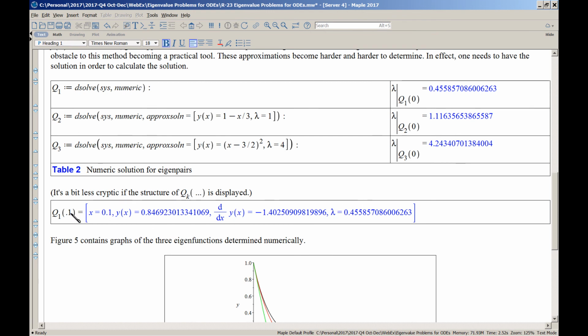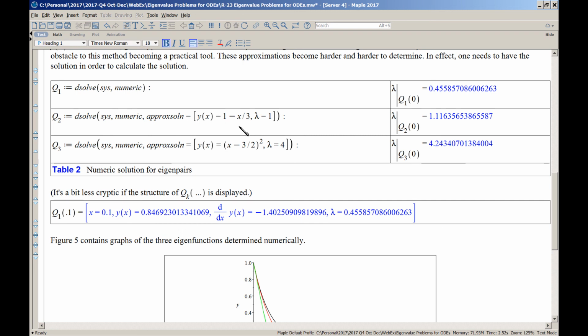Evaluate it wherever you like, x equals something which you gave it, y corresponding to that x, derivative, and lambda. Now, lambda is going to be a constant no matter what you put in here. So I'm using the information in this list to evaluate lambda, so it picks out this number, and that's the first eigenvalue.